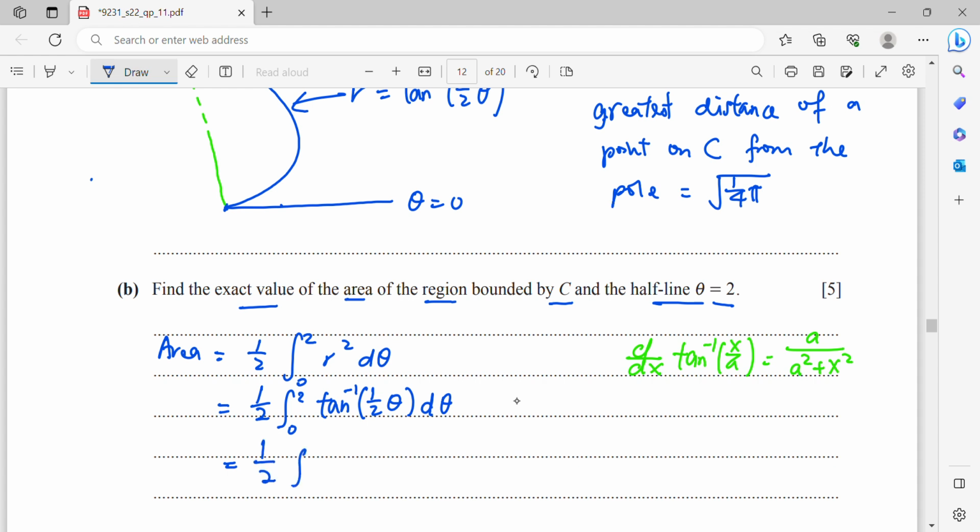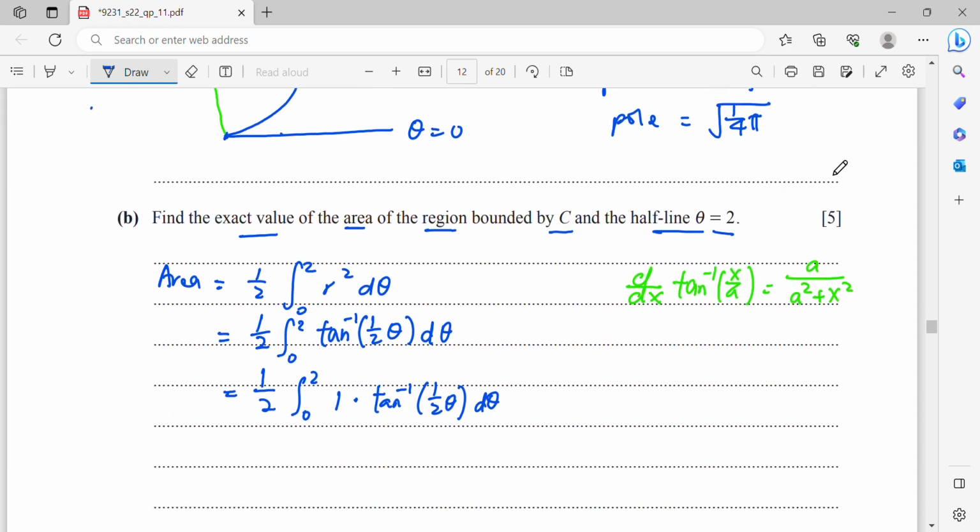So it'll be half, 0 to 2, 1 times inverse tangent of half theta, because you can only differentiate inverse tangent of half theta. Therefore, the inverse tangent of half theta would be u. So now I will let u equal inverse tangent of half theta.